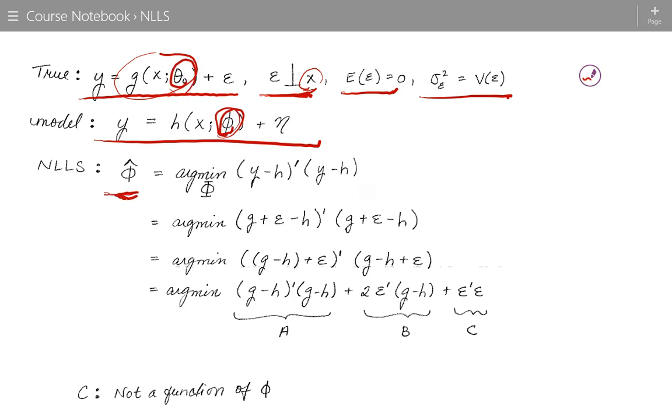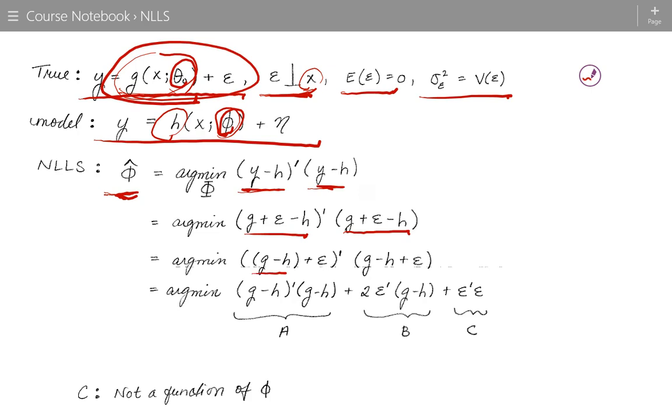So our estimator phi hat is the value that minimizes the sum of squared errors associated with our model h. Y is equal to g, so let me plug that in there, g plus epsilon. So we're minimizing g plus epsilon minus h, transposed, times g plus epsilon minus h. I switch it around.